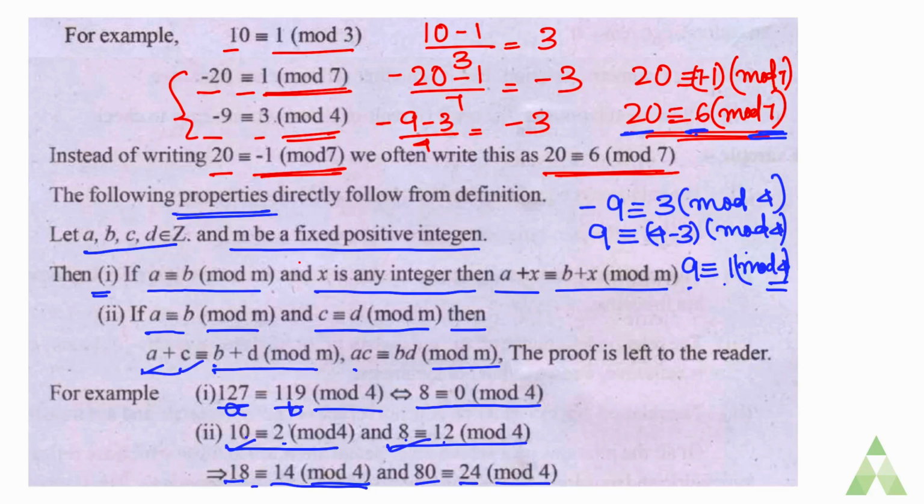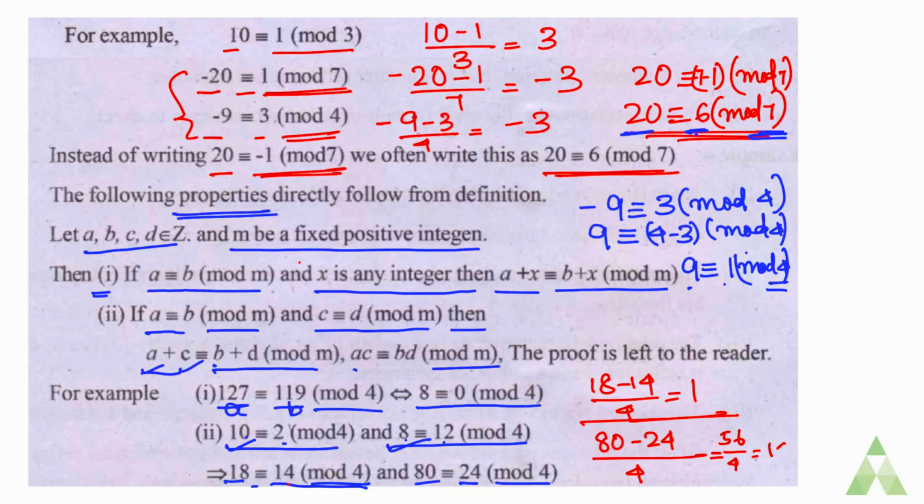Now if we check, we get 18 minus 14, that is 4. 18 minus 14 divided by 4 equals 1, so it is divisible by 4. Then 80 minus 24 divided by 4 equals 56 by 4 equals 14. So this is also divisible by 4. So this is all about various types of relation.